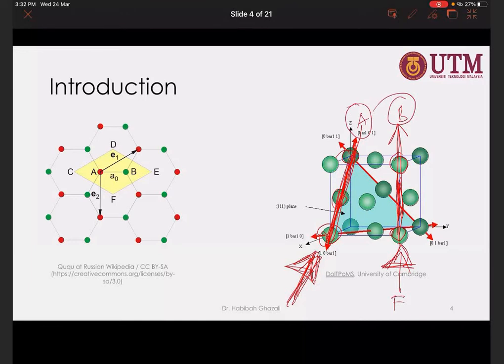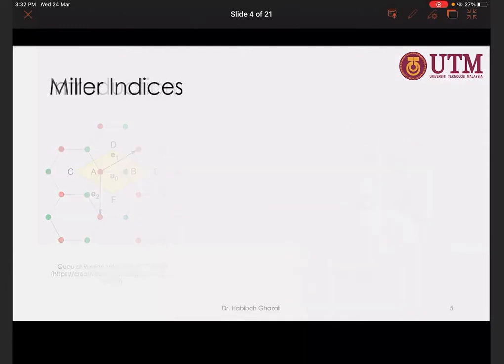So that's the reason the direction inside the crystal structure is very important to understand.